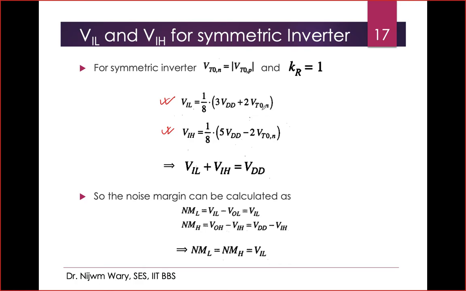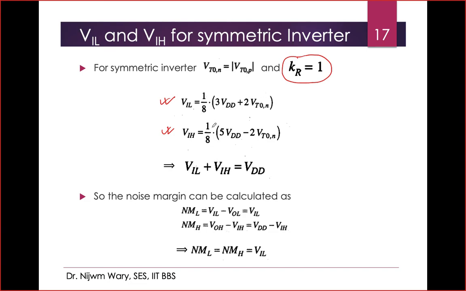If you go back, we have this expression for the VIL and VIH, right? If I consider that the threshold voltages of the inverters are equal, and we have satisfied this, that we have made this Kr equal to 1, and we have set the W by L ratio such that Kr is equal to 1, then my VIL and VIH will come to something like this.